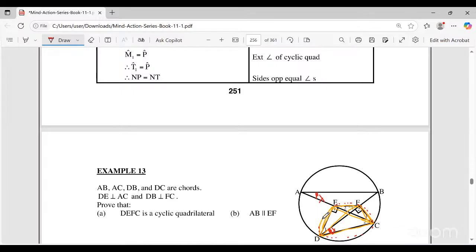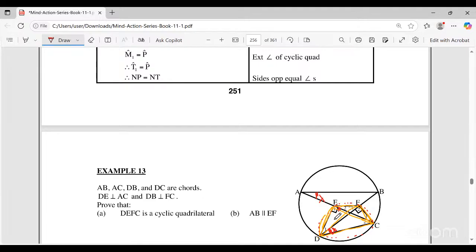And then again in this red circle, I'm going to say this angle x here is equal to that angle also here, reason being angles in the same segment in this smaller circle. Do you guys agree? Yes, sir.